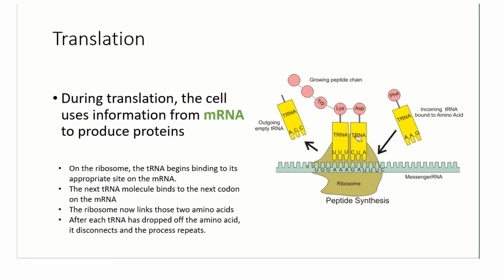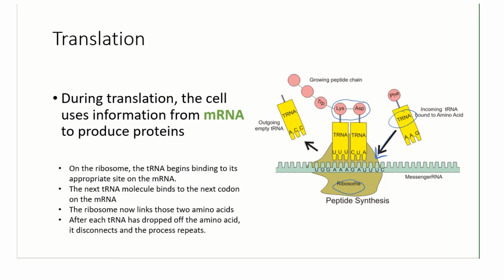During translation, the cell uses information from the mRNA to produce the proteins. So on the ribosome here, the tRNA, this guy, will bind to the appropriate spot on the mRNA. So it'll bind right there, that's its spot. And then the next tRNA molecule will bind to the next codon on the mRNA, and the ribosome then will link the two amino acids.